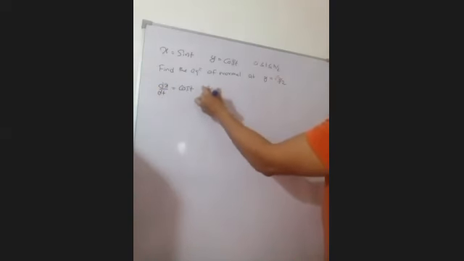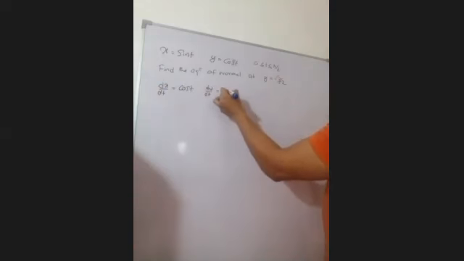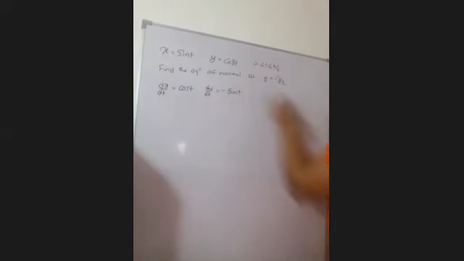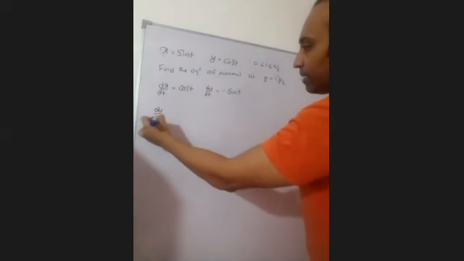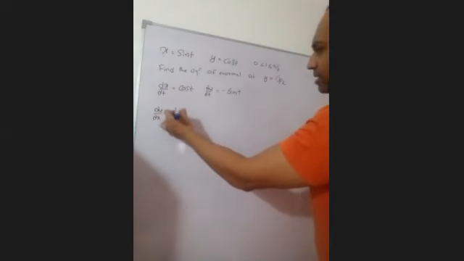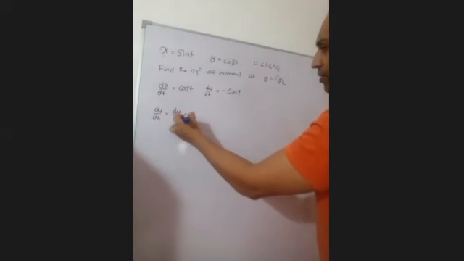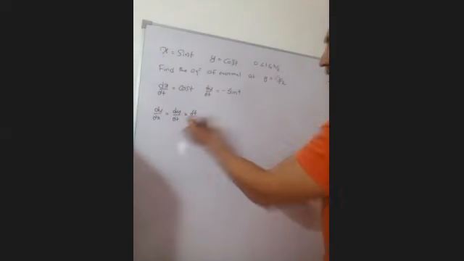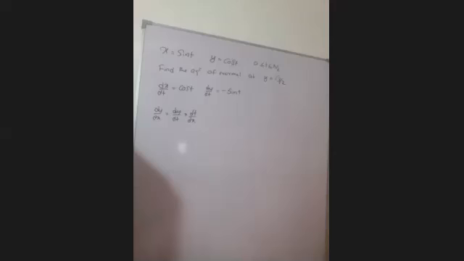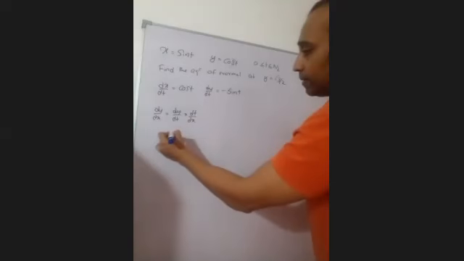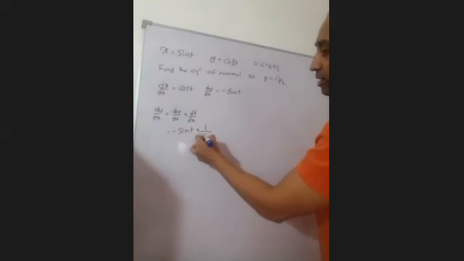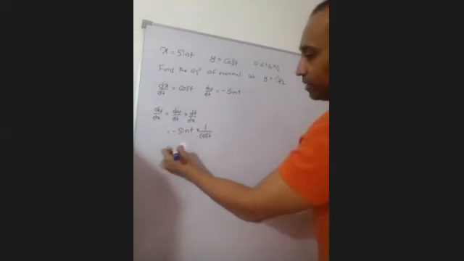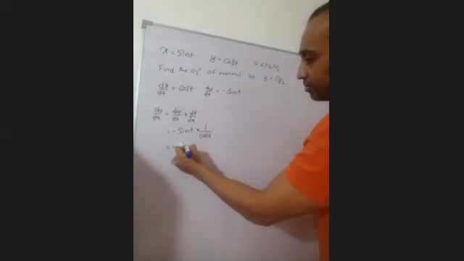Then we can find dy by dt: the differentiation of cos t is minus sin t. Using these two, you can find dy by dx, that is dy by dt times dt by dx. So dy by dt is minus sin t times 1 over cos t. So this turns out to be minus sin over cos, which is minus tan t.